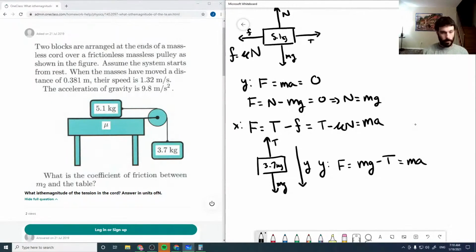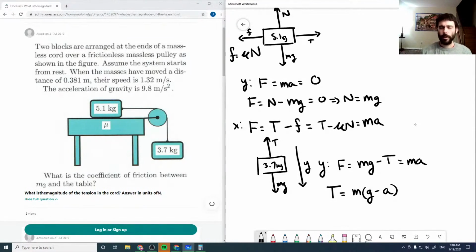We don't know the tension, but we do know a speed at a certain point. So let's use this equation of motion to solve for the tension, and then we can get our acceleration out. So from this, our tension is mg minus a, and I better be careful here.